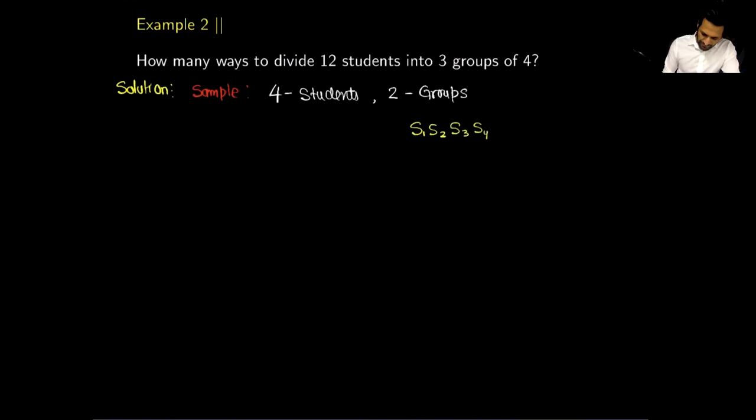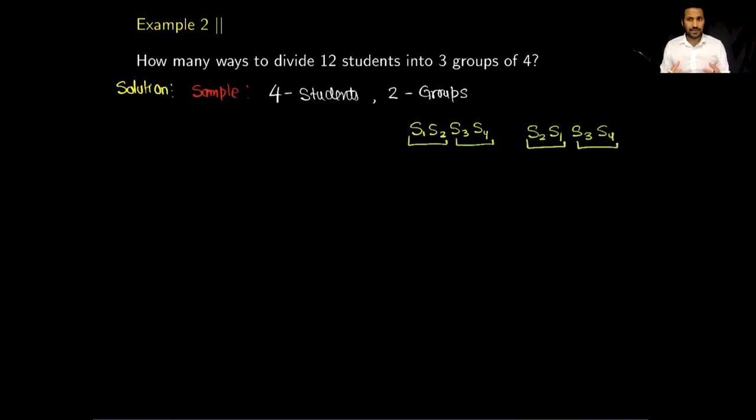And if I have to divide them into groups, I can say, okay, this is my first group, this is the second group. Or I can find S2, S1, S3, S4. I would say this is my first group and this is my second group.